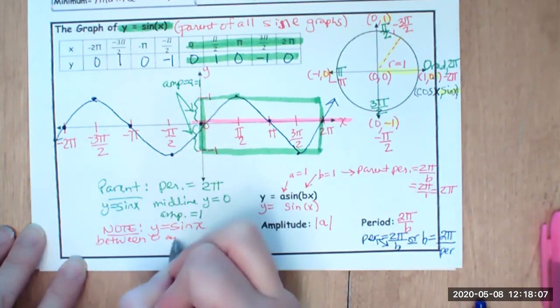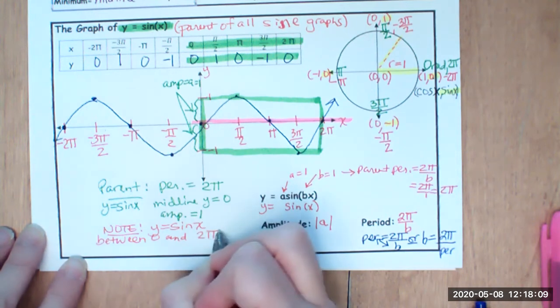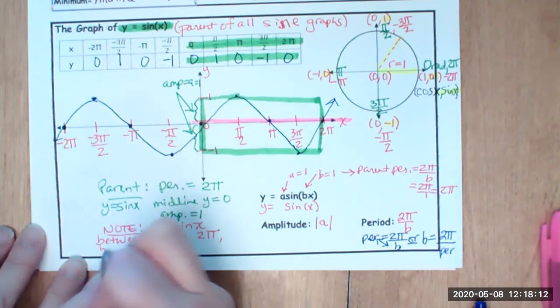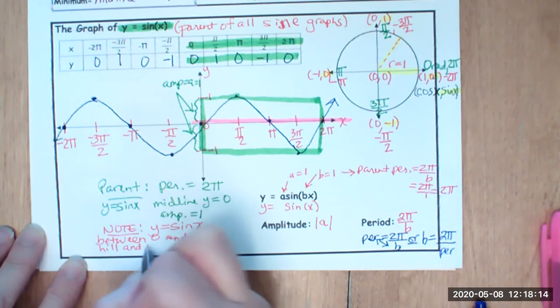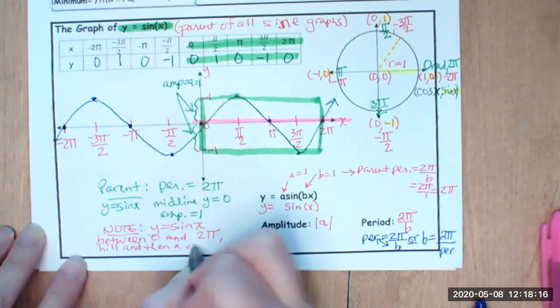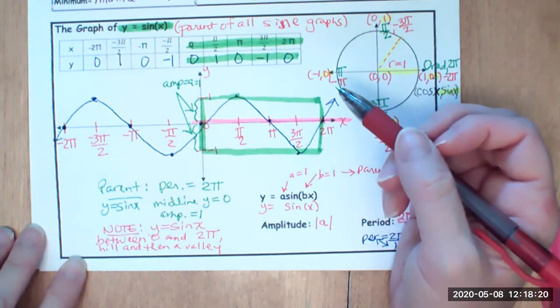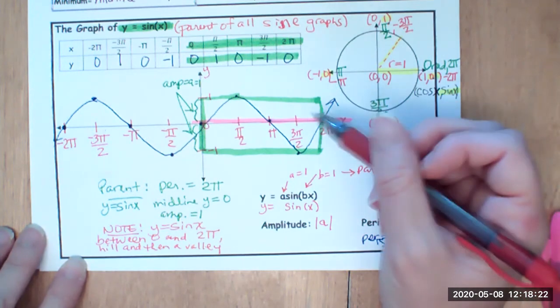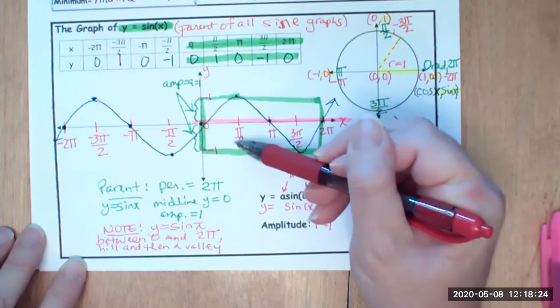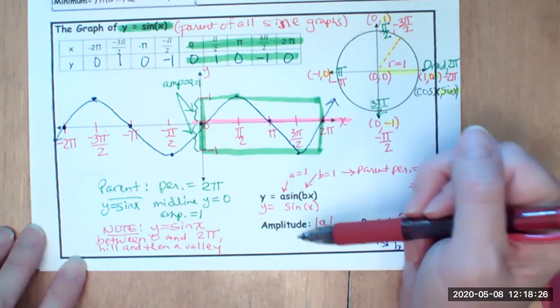Of course, if the graph were reflected, it would be the other way around, right? You'd have the valley and then the hill if you reflected it over the x-axis.